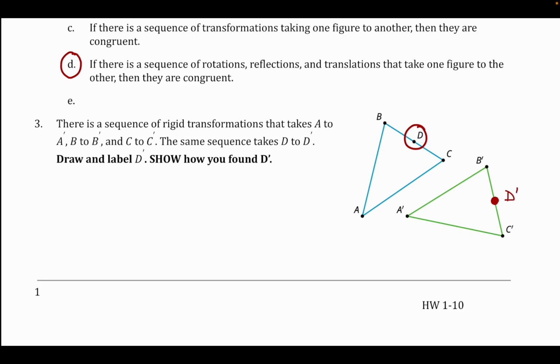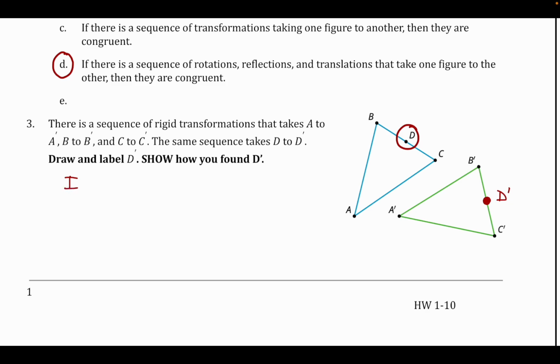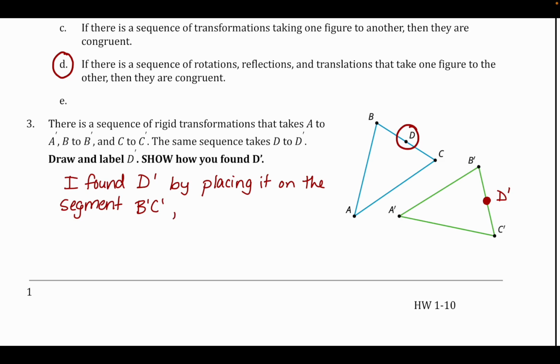So what I'm going to write down here is: I found D prime by placing it on the segment B prime C prime, because it would maintain the relative position.